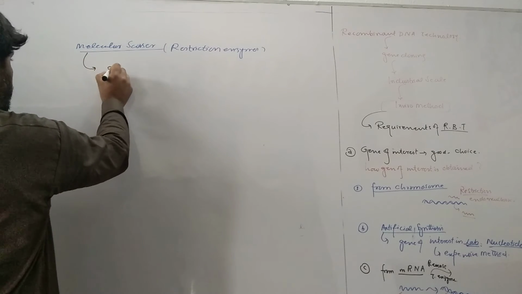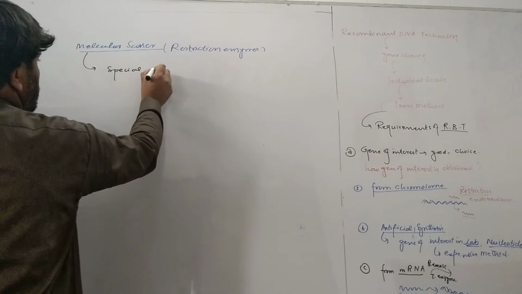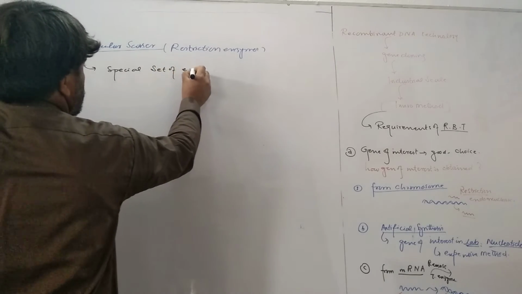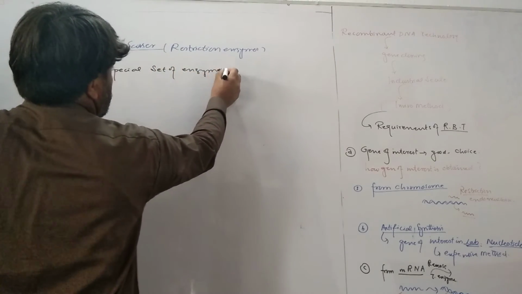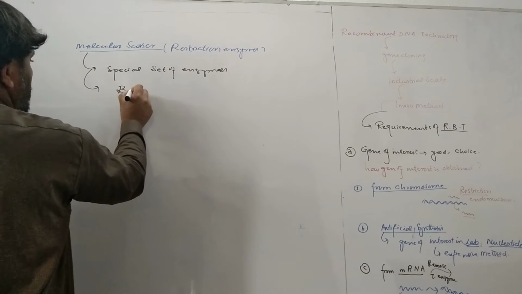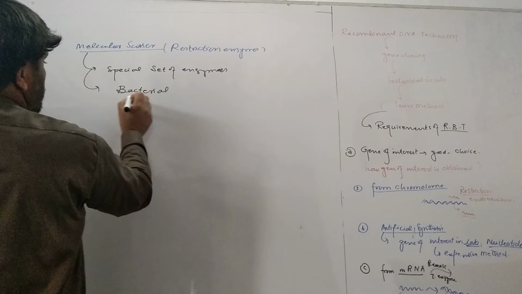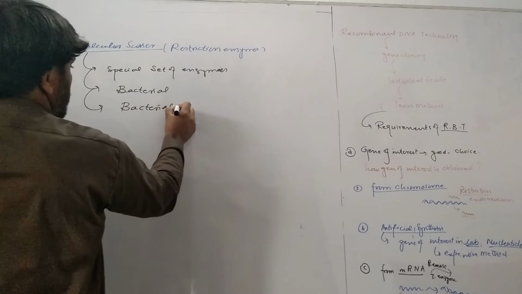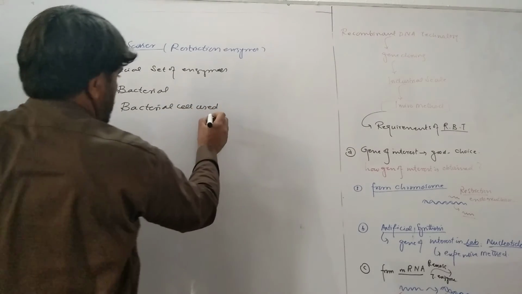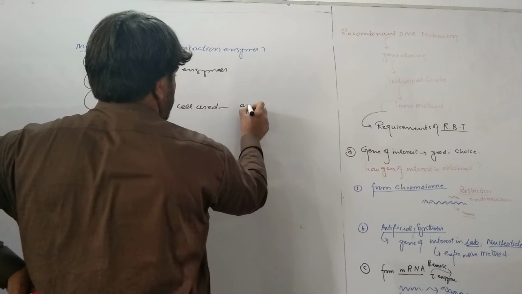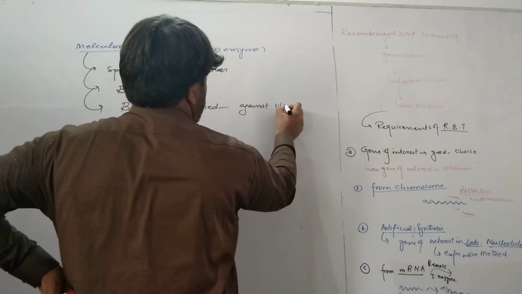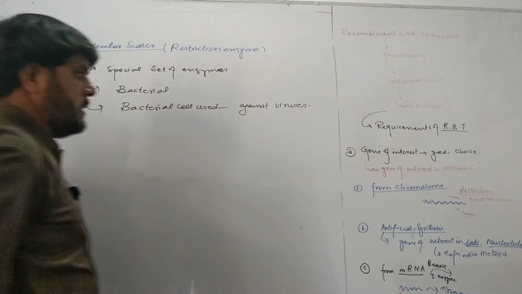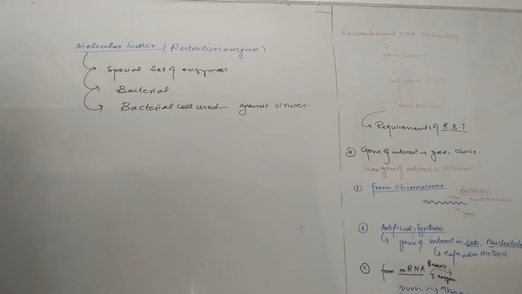These are a special set of enzymes present in bacterial cells. Bacterial cells use these enzymes against viruses. Therefore, these are called restriction enzymes because they restrict, minimize and control the activities of viruses.